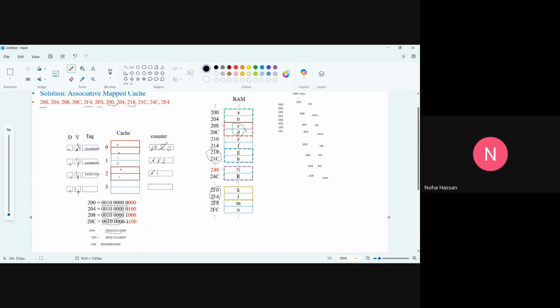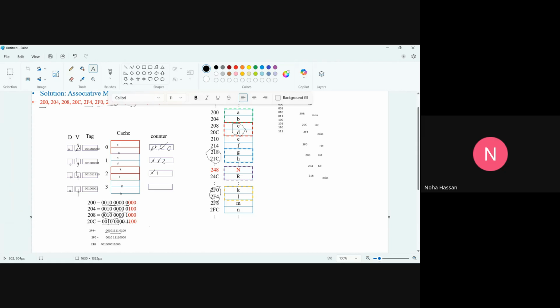And I have to place the tag here. I'll place it right now. And this one will become G, and that one will become the H. Right? And let me place the tag. Let me put it here. So this will be 0, 0, 1.